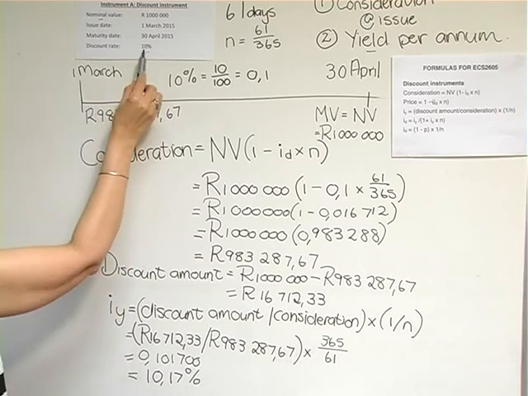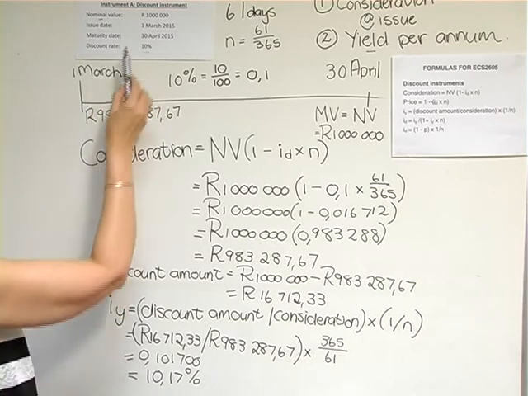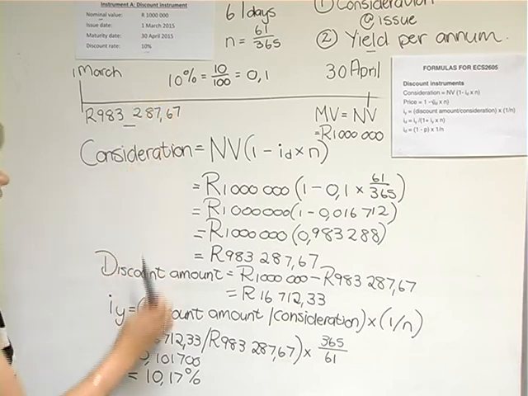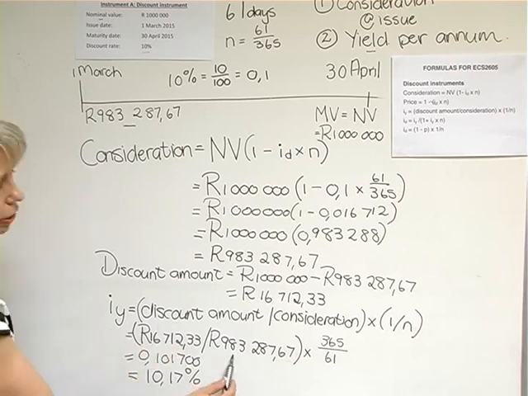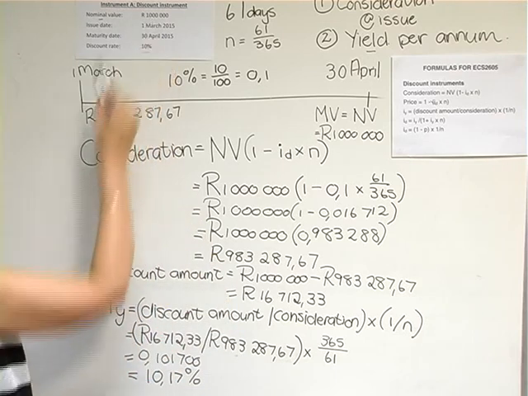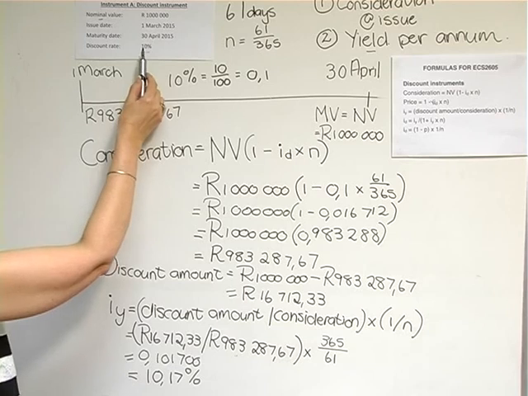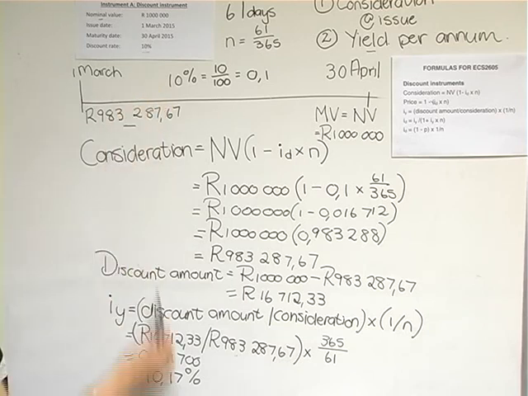Because when you calculate the discount rate, that is actually going to be the discount divided by the nominal value. Now the consideration is smaller than the nominal value, therefore your yield rate will be higher than your discount rate. You also have to be able to explain that if asked in the exam.